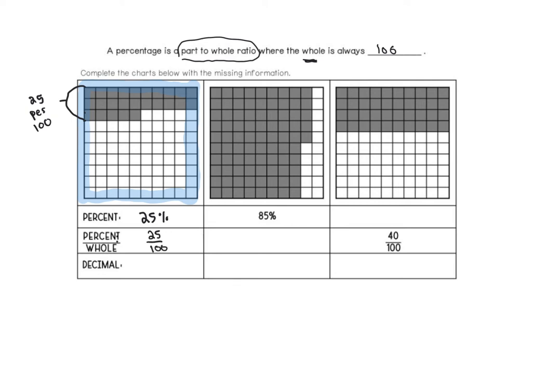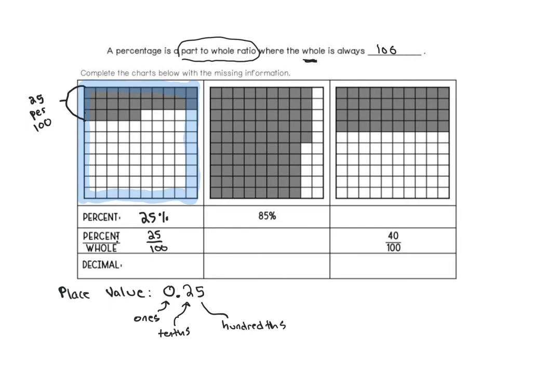And then the decimal in this case can be a little bit trickier because we need to remember our place value. This decimal would actually be 0.25, and that is because this is our ones place, this is our tenths place, and then lastly we have our hundredths place.